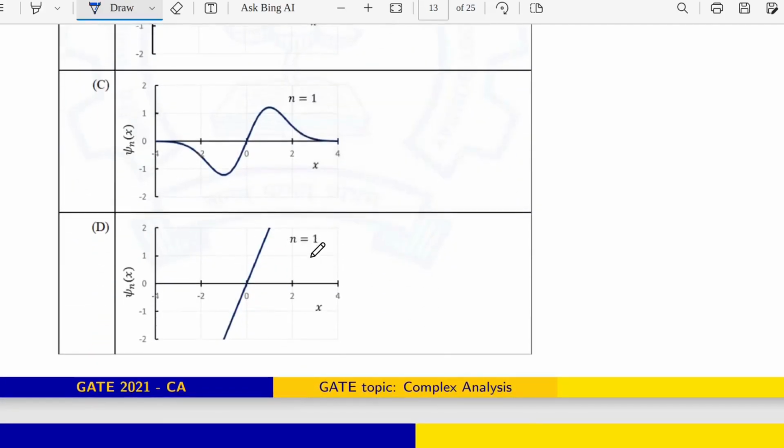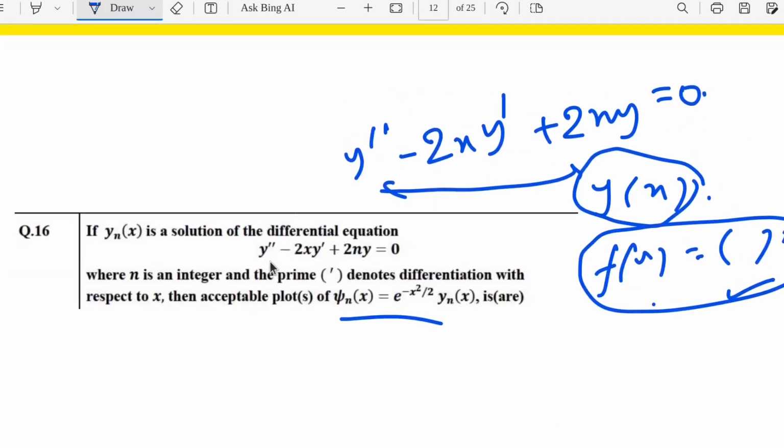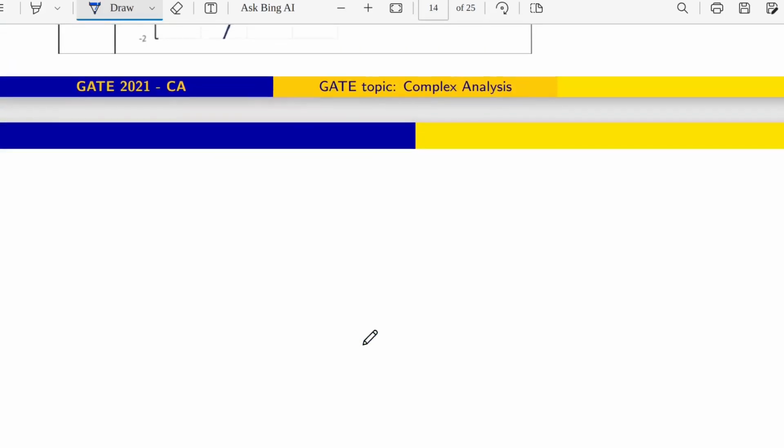And for option D it is n equals 1 and the plot is like that. So this is the question. I think you have understood the question clearly, that we have to tell what will be the nature of this function psi_n(x) equals e to the power minus x square by 2 y_n(x).